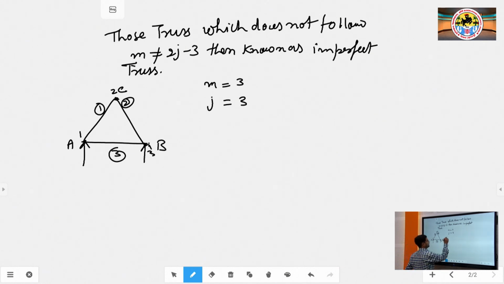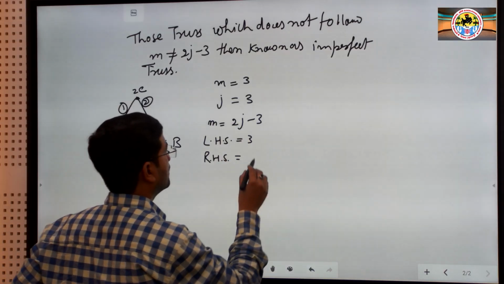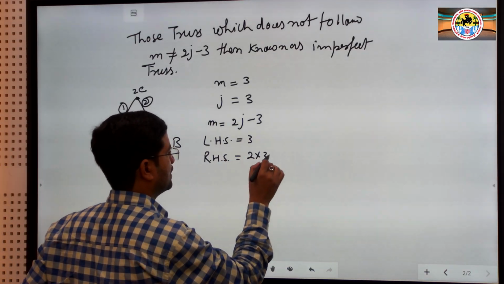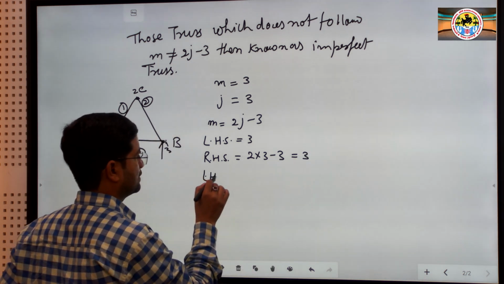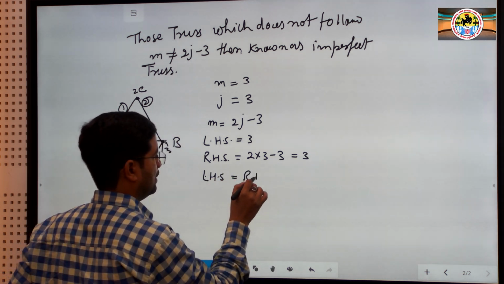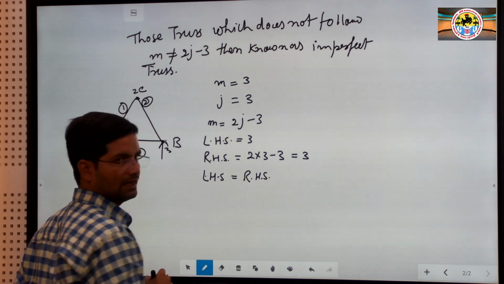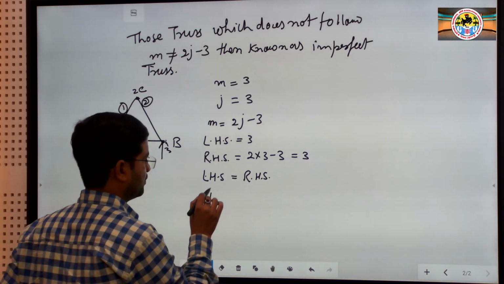Now, see, if we take the equation m equals 2j minus 3, at LHS it is 3 and at RHS, if we put these values in this equation, it will become 2 into 3 minus 3, which equals 3. So, LHS is equal to RHS. So, we can say that this is a perfect truss.